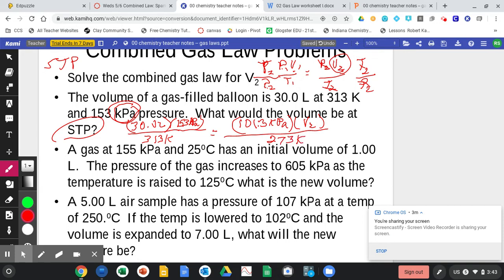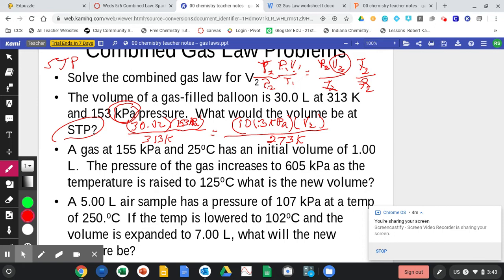Now, what I'm going to do to solve this on my calculator is I am going to take 30 times 153 times 273 equals, and I get a really pretty good sized number, which I just took three pretty large numbers and multiplied them times each other.